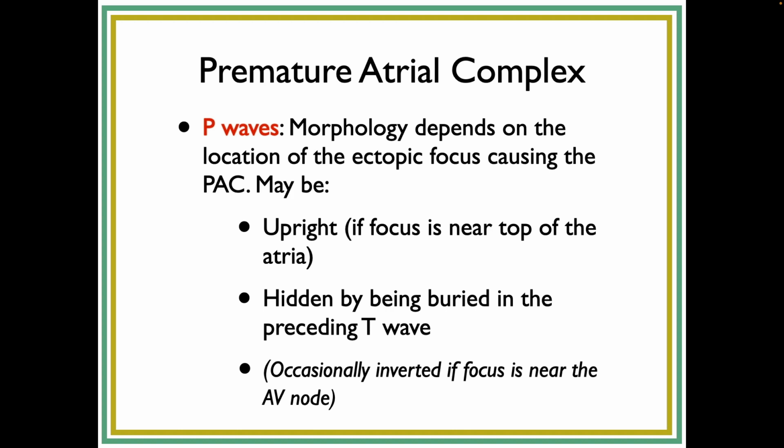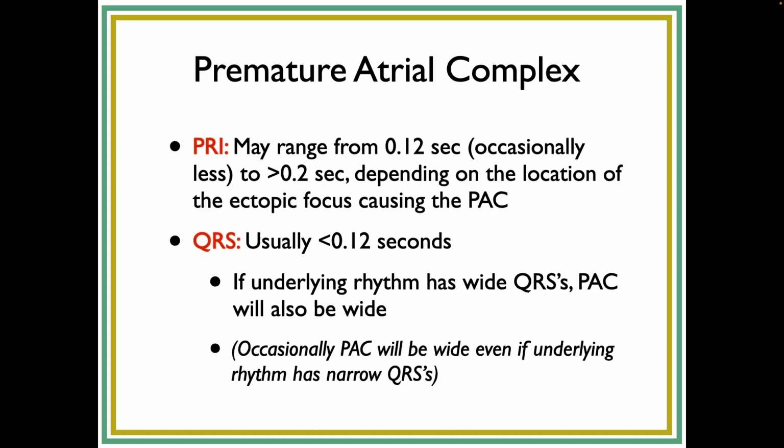Occasionally it's inverted, but we're going to kind of ignore that fact. PRI can range from 0.12 to 0.2. Occasionally it's a little bit less if the PAC is right down near the AV node. The QRS is typically narrow, okay?